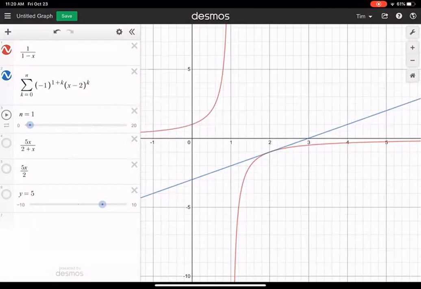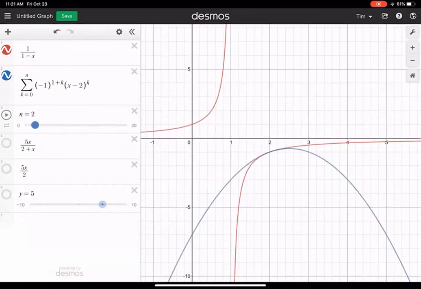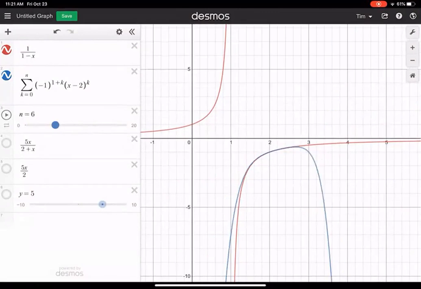I've plotted the first 2 terms of this series to start. That's the linear approximation. So that's just -1 plus x minus 2. And then I'm going to plot more terms. As I add more terms, I want you to see that the Taylor polynomials start to converge to the function. I get better and better approximations as I add more terms.